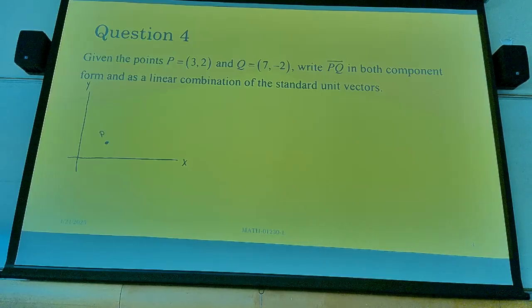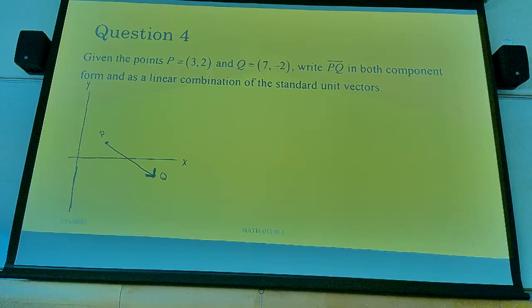Kind of looks like 3, 2. That kind of looks like 7, negative 2 there. That would be our directed line segment.